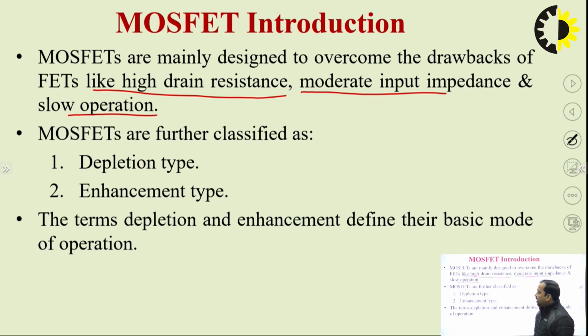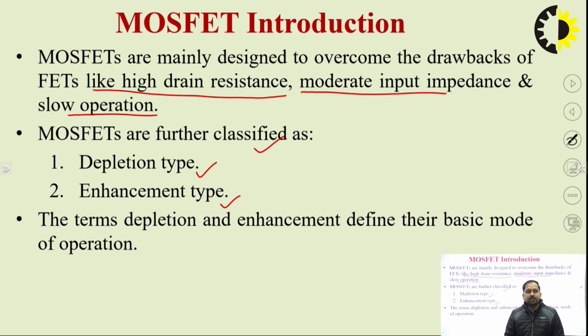Now we will see the classifications of MOSFET. MOSFETs are classified as depletion type MOSFET and enhancement type MOSFET. The terms depletion and enhancement correspond to the channel present in the MOSFET. In the construction part, we will see that in the depletion type MOSFET the channel is already present during construction, whereas in the enhancement type MOSFET the channel is absent and will be formed during operation.